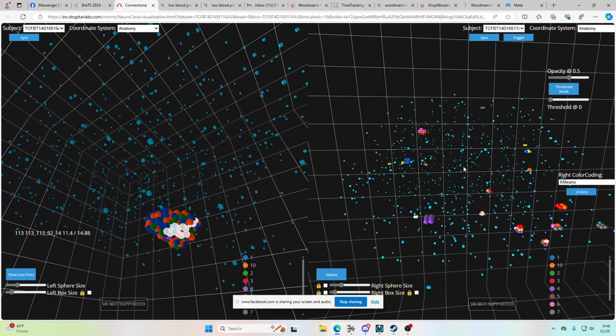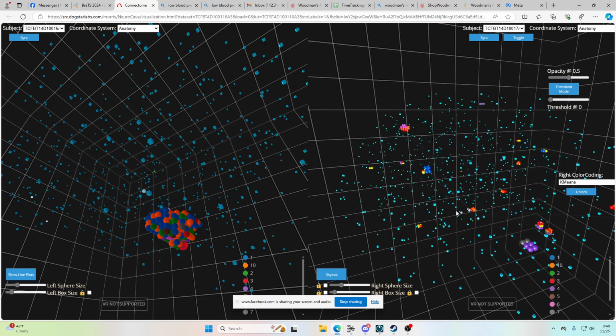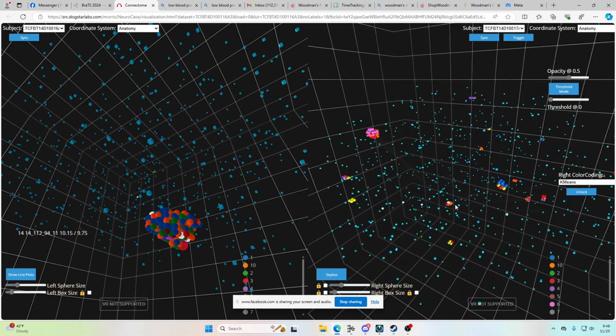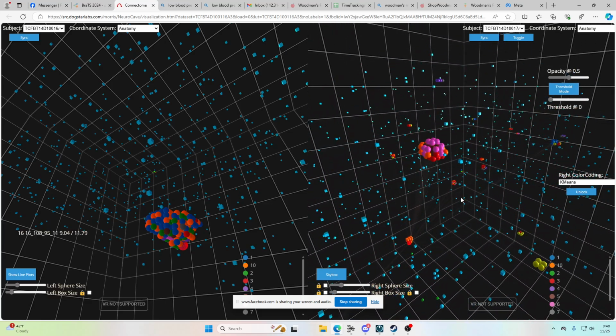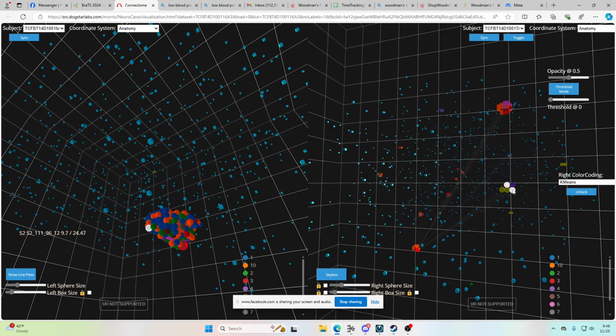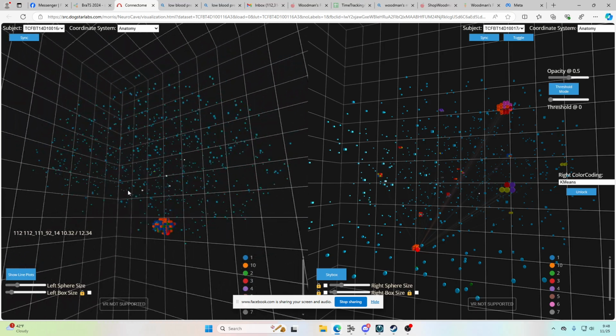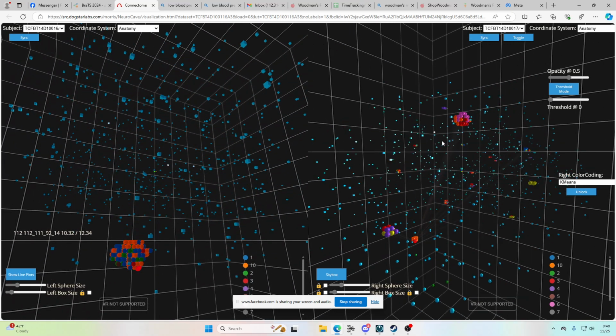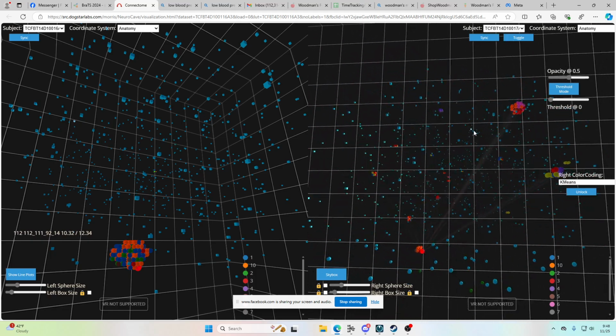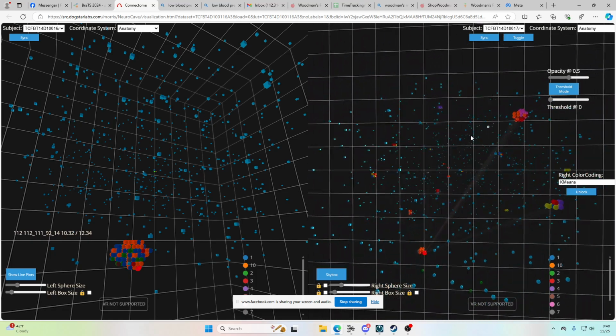The tumors are different colors here. This patient has a lot of tumors all over the brain. See, you got a little tumor here, a little tumor there, a little tumor there. This patient only has one big tumor right there. So you can use this to compare two different MRI data sets in 3D.